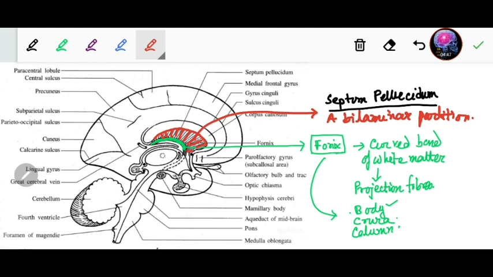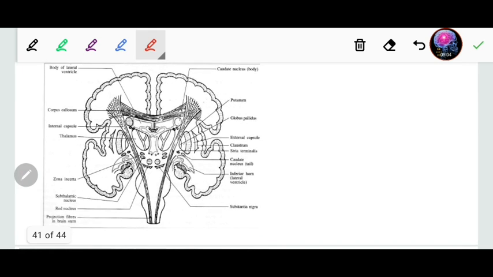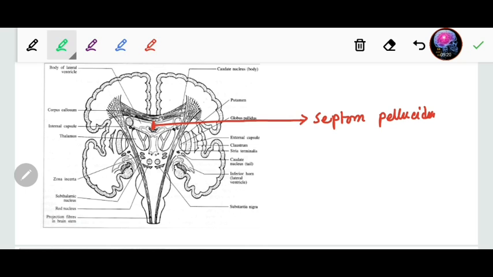On coronal section, this is the septum pellucidum, between the body of fornix below and undersurface of corpus callosum above. This is the corpus callosum.